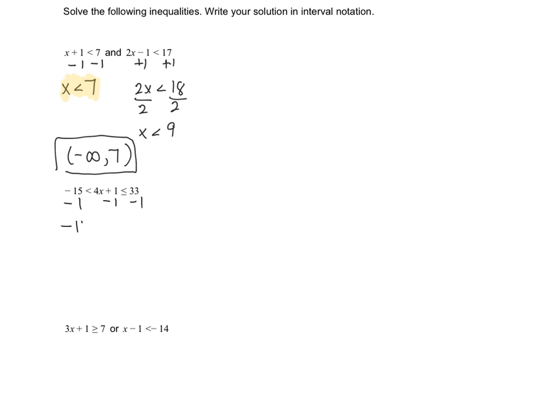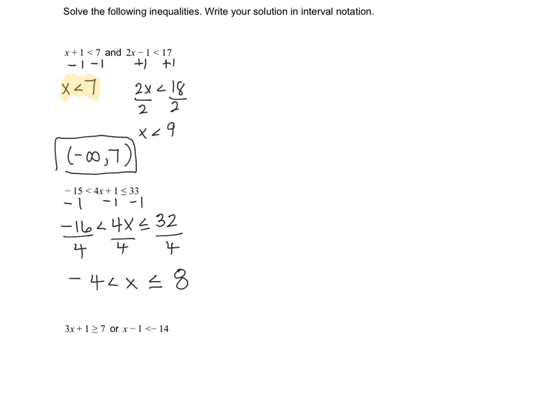So we get negative 16 is less than 4x is less than or equal to 32. Then we want to divide everything by 4. Negative 16 divided by 4 is negative 4, less than x, less than or equal to 8.